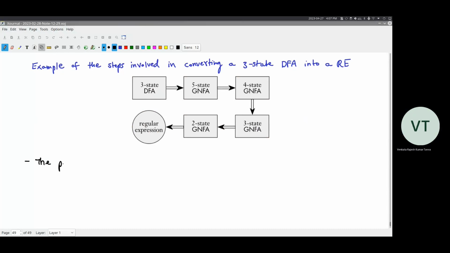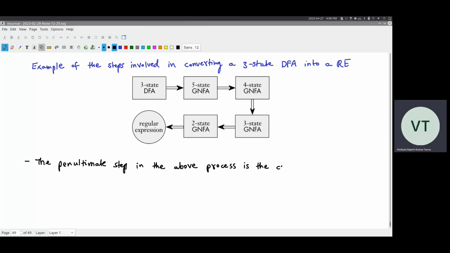Now the penultimate step in the above process is the crucial step.